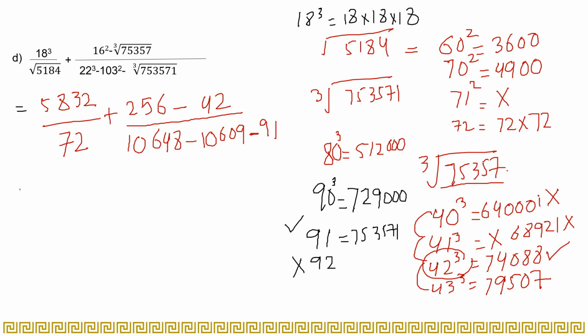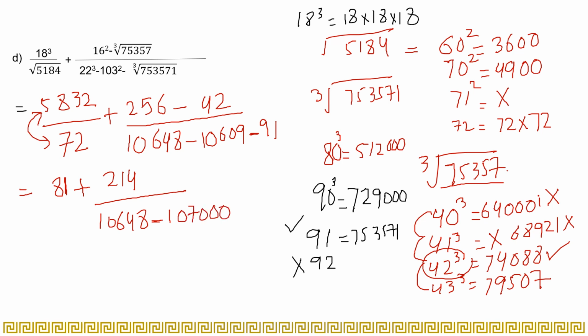We have to solve for this by dividing these two. It will give you 81. Okay, this will give you 81, plus when you subtract these two, 42 from 256, you will get 214. Now divided by 10648, I will add the next two numbers, adding 10609 and 91 will give me 10700.